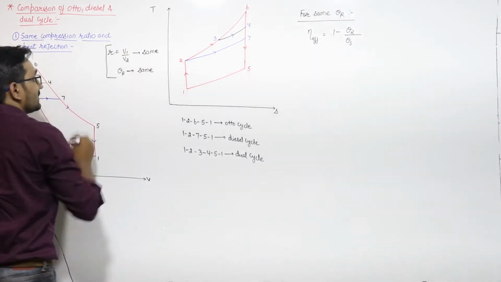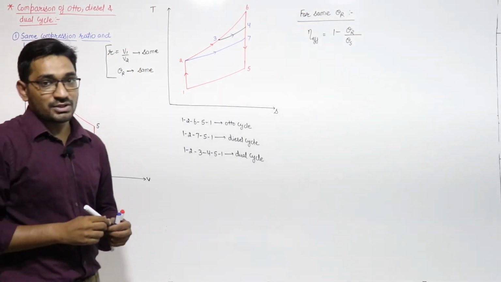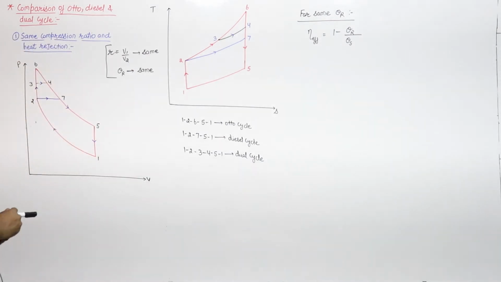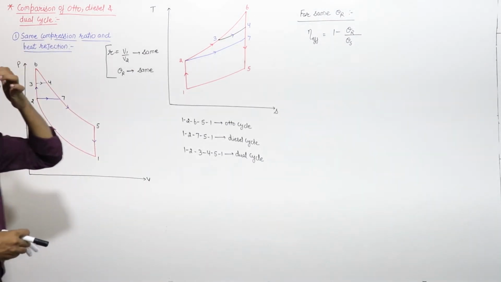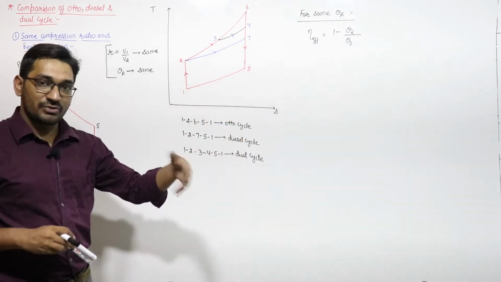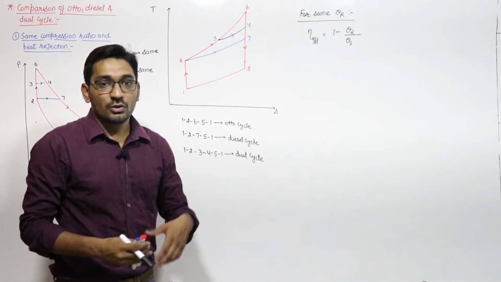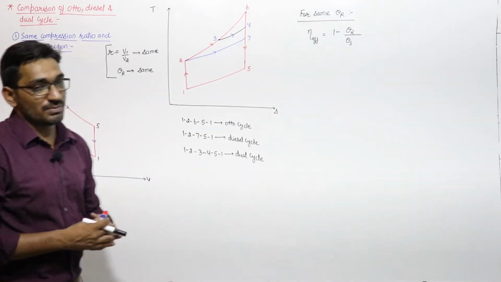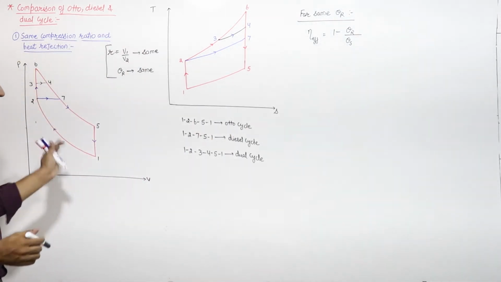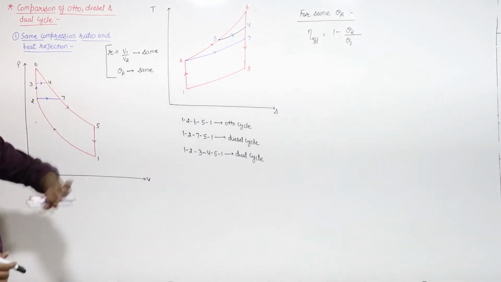So these two conditions are given. If we draw the graph, it's better to see the comparison, whose efficiency is more, whose heat addition is more. It's better to understand with the help of the PV and TS diagrams.